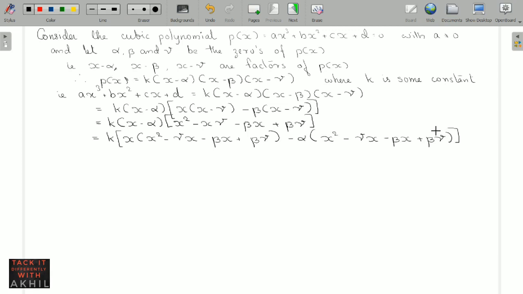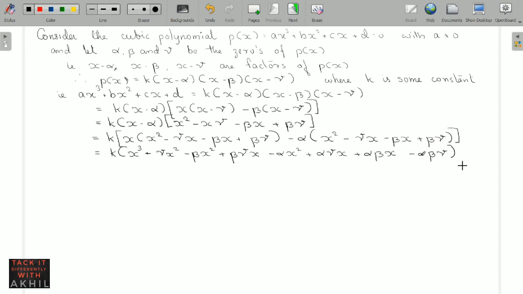Now opening the brackets inside the square brackets, that's equal to k into x cubed minus gamma x squared minus beta x squared plus beta gamma x minus alpha x squared plus alpha gamma x plus alpha beta x minus alpha beta gamma.